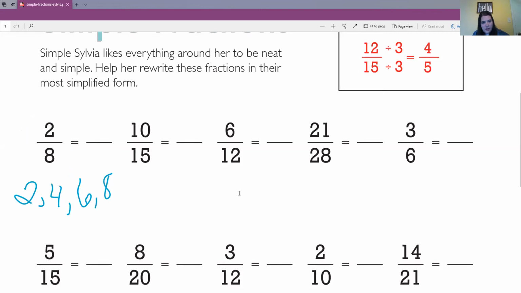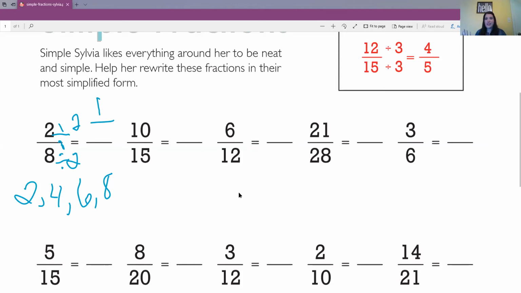So we can do 2, let me write on it. 2 divided by 2. Whoa, that's a weird division sign, but it'll work. 2 divided by 2. And then we have to do the bottom. 8 divided by 2. Anything divided by itself is 1. So 2 divided by 2 will be 1. And then 8 divided by 2.